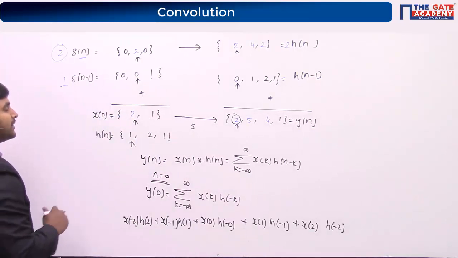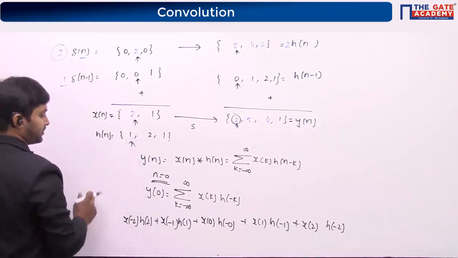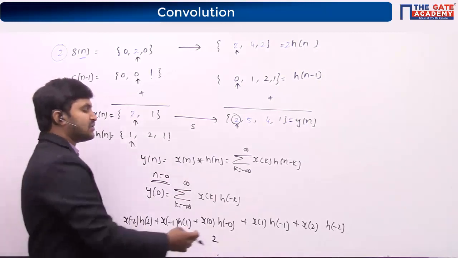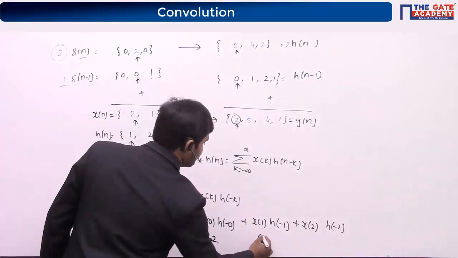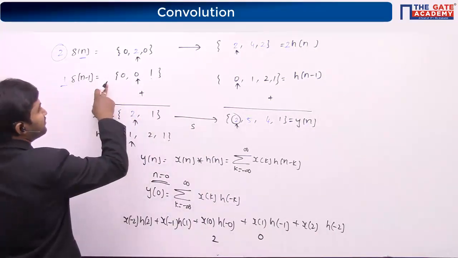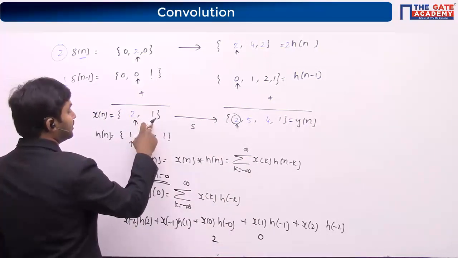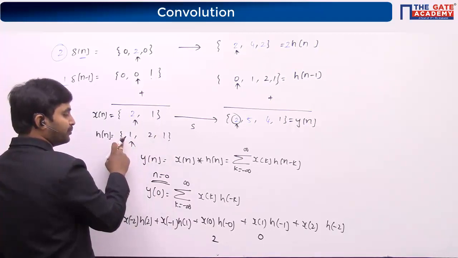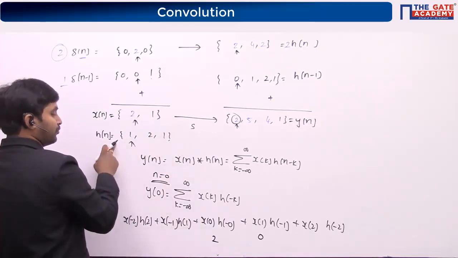x of 0 multiplied by h of 0, that is 2. x of 1 and h of minus 1, it is 0 here. x of 2 and h of minus 2: x of 1 is 1 but h of minus 1 is 0, x of 2 is 0 and h of minus 2 is 0.